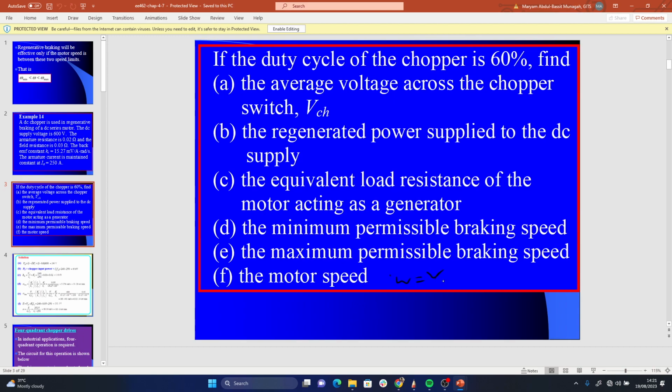The speed is what? V over KVIF minus RATE over KVIF squared. Right? So that's how you find the speed. Motor speed. This will be the chopper voltage. Then you go ahead and find your speed.